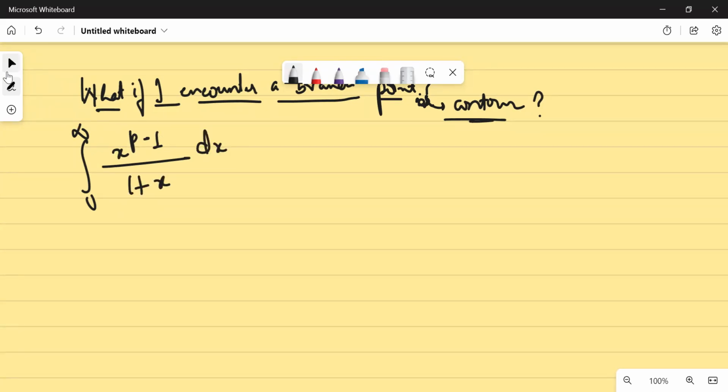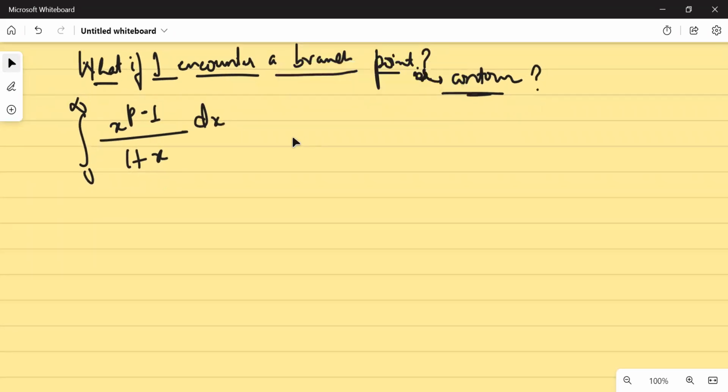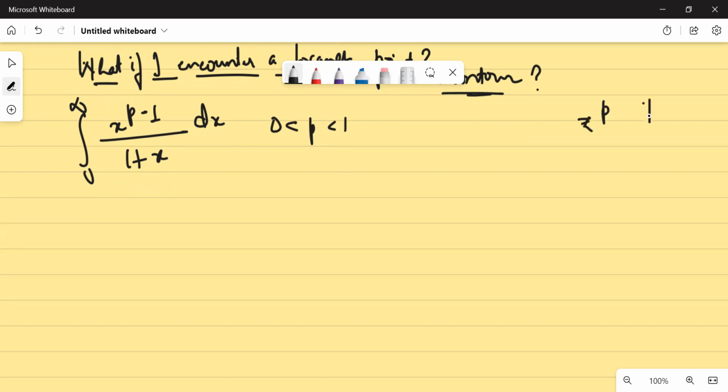There are loads of integrations. So basically, we are going to do only these integrations, so that you're able to understand this. What I can say is that here P lies between 0 and 1. Understand my point. I told you on the very first day that z raised to power P, provided P lies between 0 and 1, is a multi-valued function, isn't it?